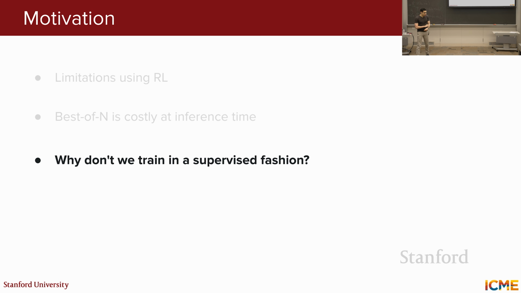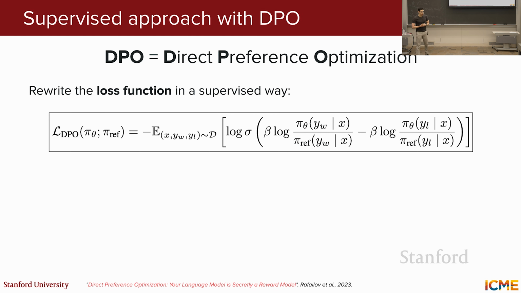And okay, so there comes the question that someone was asking, why don't we do supervision all this time? And this is the route that DPO folks have explored. So DPO stands for direct preference optimization.